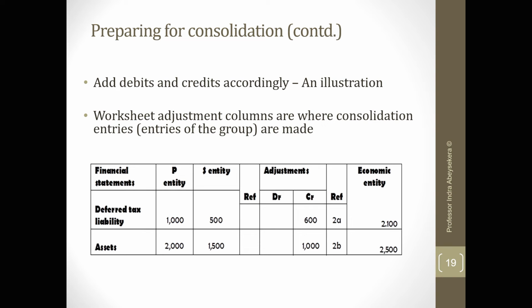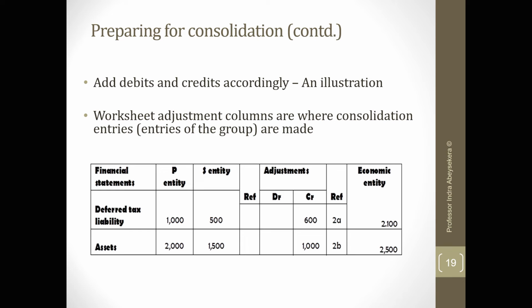So here's what we typically do. We download the trial balance of the parent entity onto Excel, download the trial balance of the subsidiary entity to Excel, and then we do the consolidation journal entries as debits and credits as two columns and enter them, and then we add them across the row to find the balances in the economic entity.